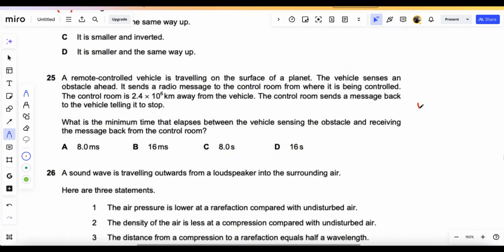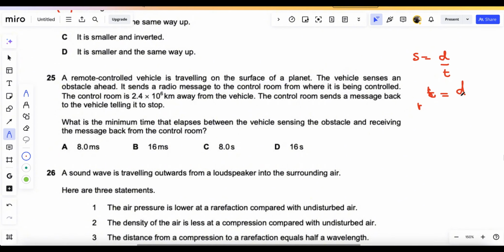You have to calculate using the radio. First of all, speed is distance over time. If you cross multiply, time is distance over speed.